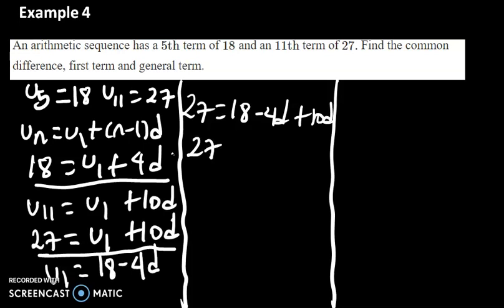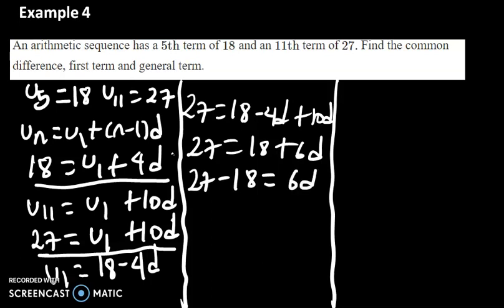This gives you 27 equals 18 plus 6d, because minus 4d plus 10d is 6d. So you bring like terms together, and that leaves you with 9 equals 6d. So d becomes 3 over 2.